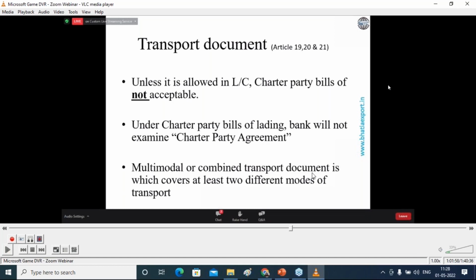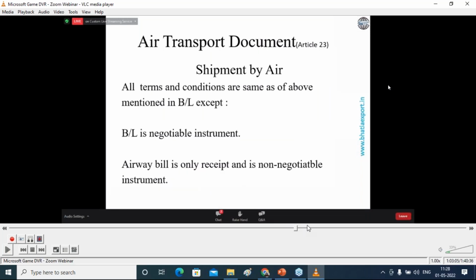A multimodal or combined transport document is also covered, but what type of transportation it is must also be stated. Then all terms and conditions are as mentioned in the BL, except for air consignments.